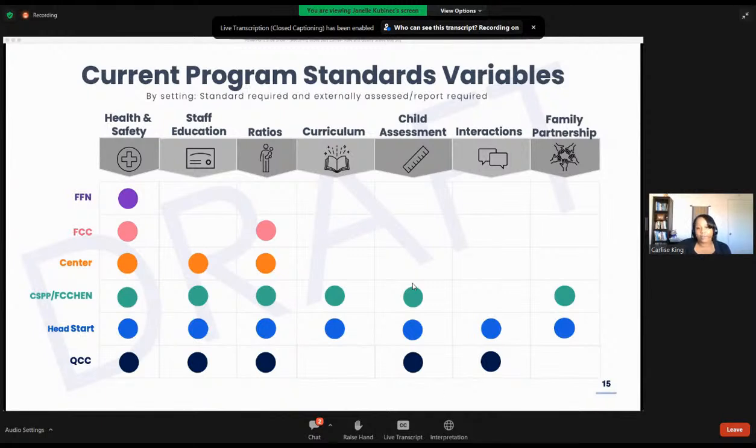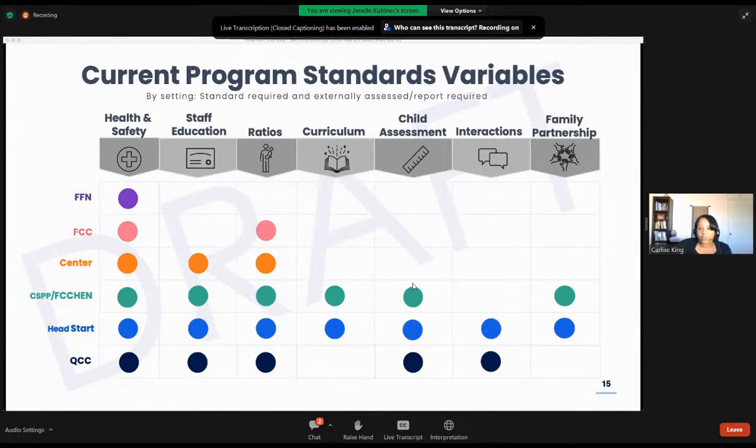Looking down the table, you see family, friend, and neighbor, licensed family child care homes and licensed centers, center and home-based programs that are contracted with the state, such as state preschool programs, and then Head Start programs that have direct federal contracts in the way that they're funded, and then QCC, which is the Quality Counts California program standards.